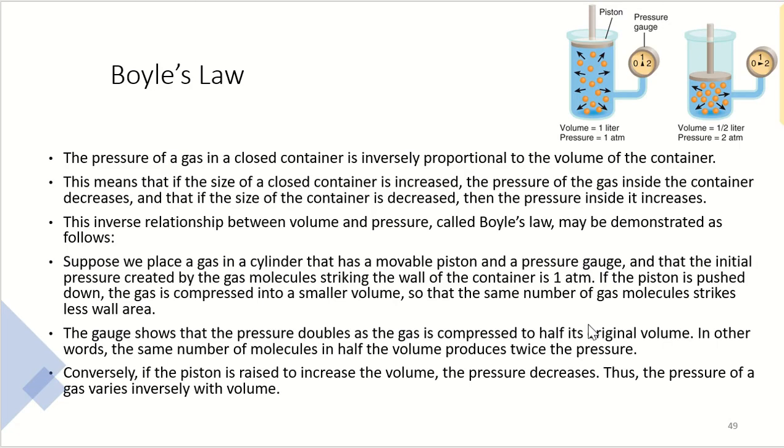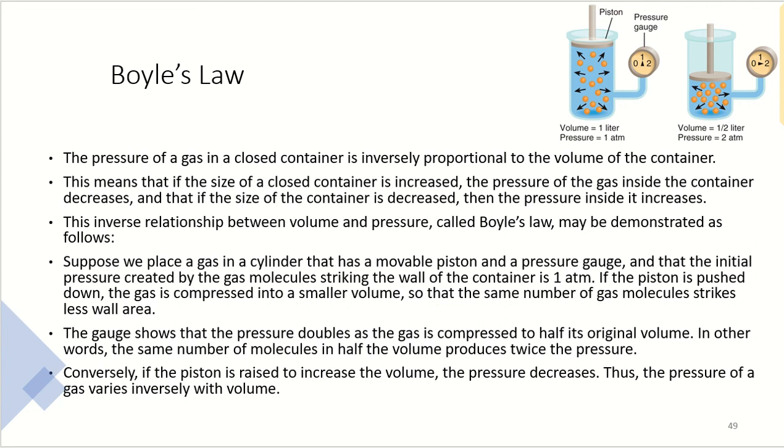So we can't talk about inhalation and exhalation, about pulmonary respiration, without talking first about Boyle's law. Boyle's law states that the pressure of a gas in a closed container is going to be inversely proportional to the volume of the container.